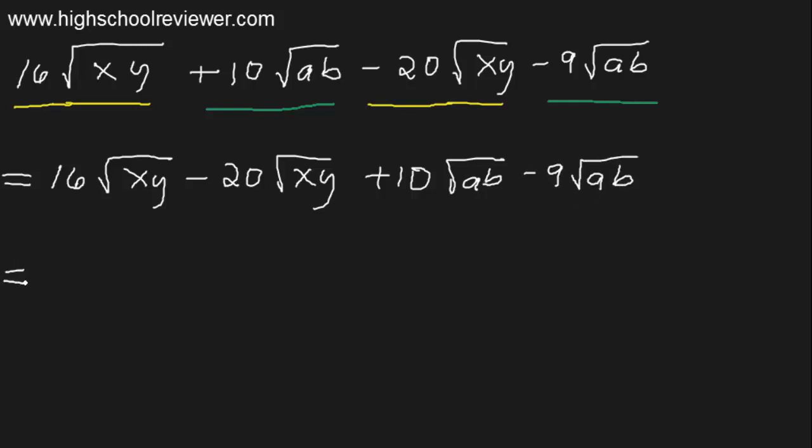So we will have 16 minus 20. This will give us negative 4. And then just copy the radical and the radicand, square root of xy.